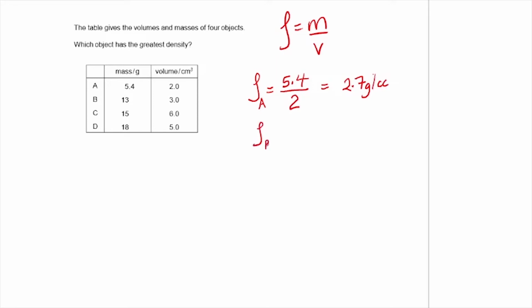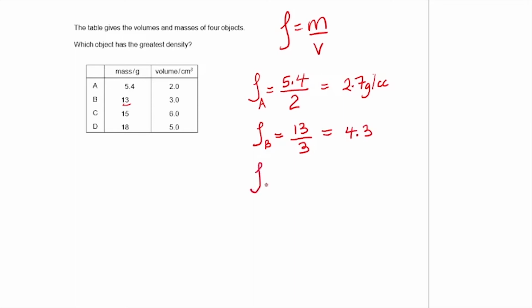For the density of B, we have the mass, which is 13, over the volume, which is 3, and we end up with 4.3.